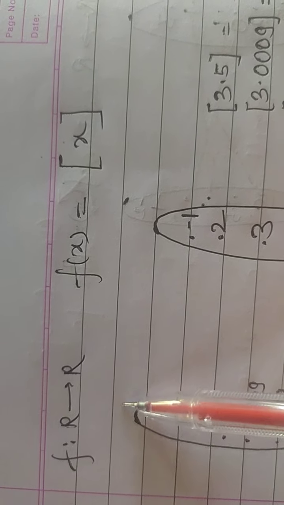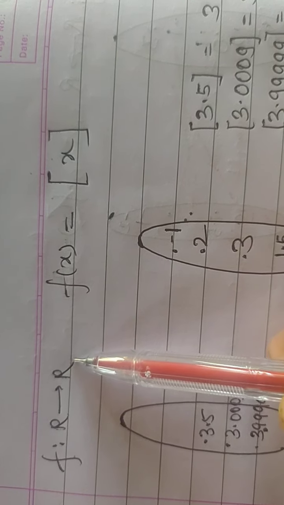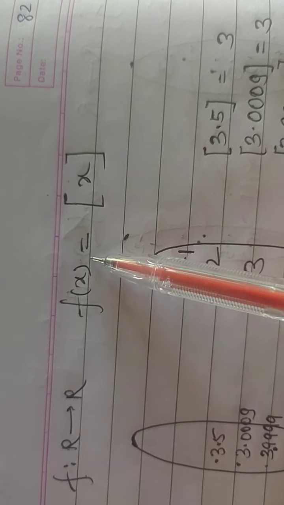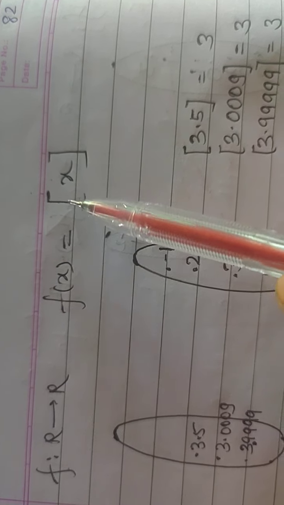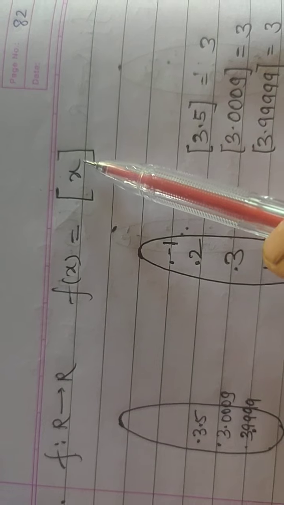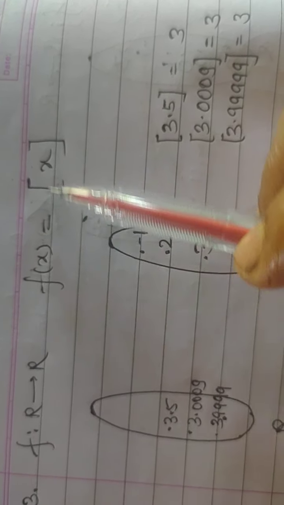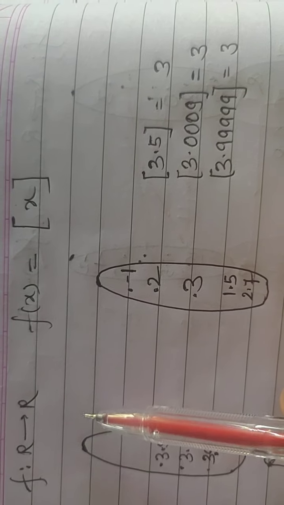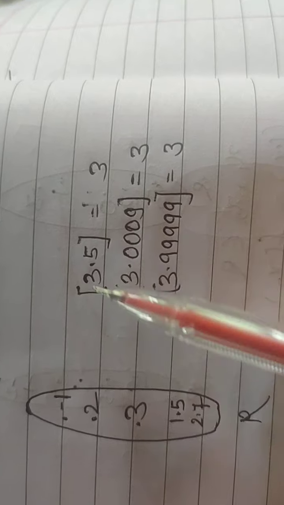One more example we are going to discuss. This function f is defined from R to R, where f of x is the greatest integer function of x. Children, see what a greatest integer function is and how to consider its value.